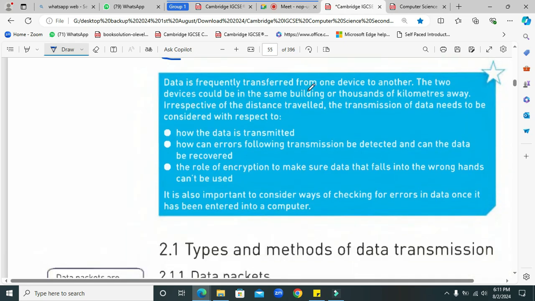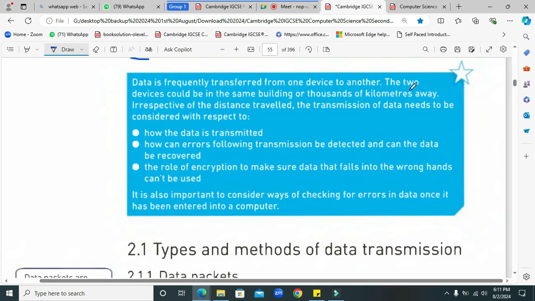Data is frequently transferred from one device to another. For example, from my computer to your computer, we are frequently sending data, voice data, multimedia data, including text, videos, audios. Okay, the two devices could be in the same building, just like your ICT lab, or school, or any office, or bank, whatever, or thousands of kilometers away.